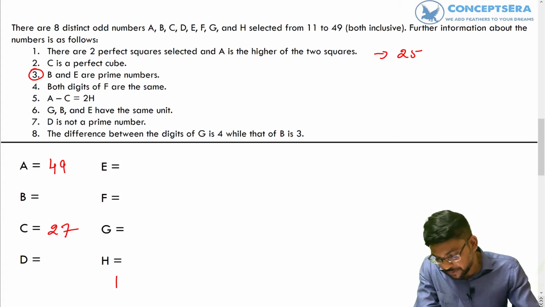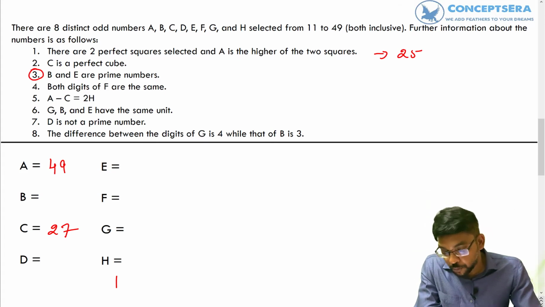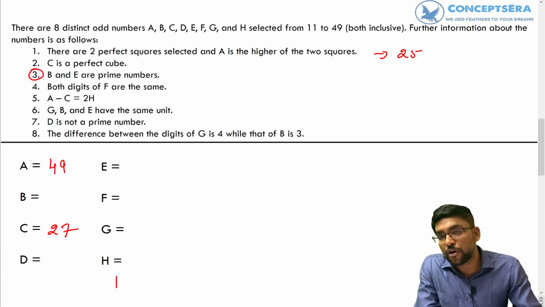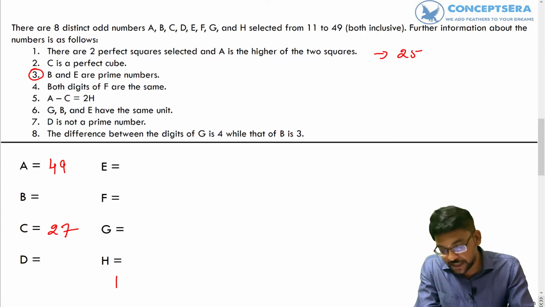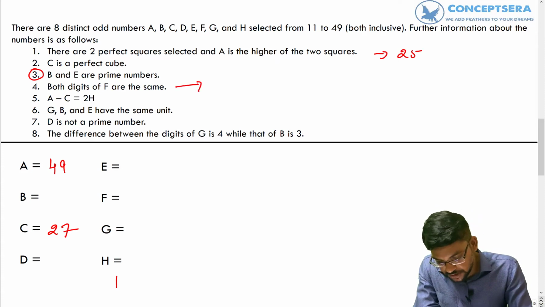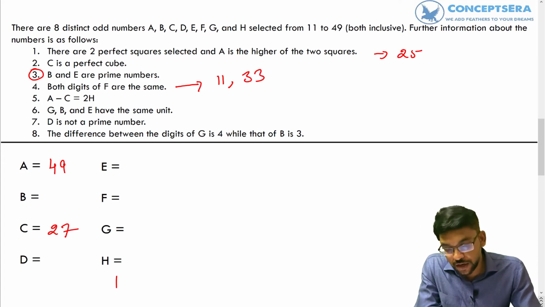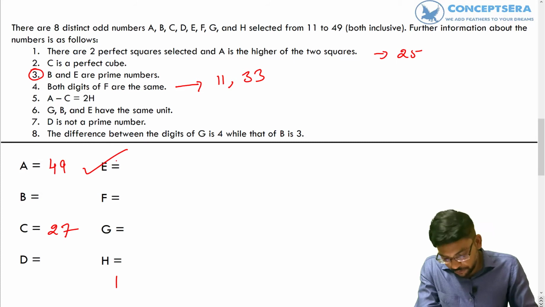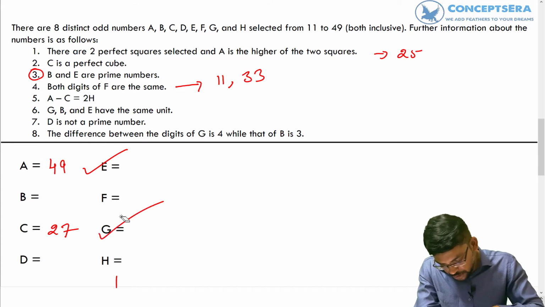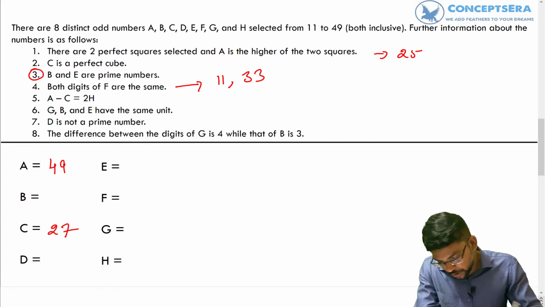Now if you go for the fourth statement, they are saying both the digits of F are the same. If we are looking for an odd number as well as both digits being the same, there are only 2 odd numbers like that: one is 11 and the other one is 33. Now if you look at the fifth one, it is given to us A minus C is equal to 2H. We know A is 49 and C is 27.